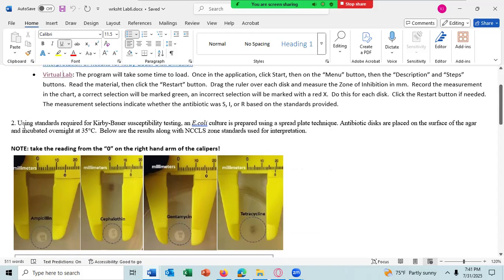Question number 2, using the standards required for the Kirby-Bauer susceptibility test, an E. coli culture is prepared using the spread plate technique. Antibiotic discs are placed on the surface of the agar and incubated overnight at 35 degrees Celsius. Below are the results along with the NCCLS zone standards used for interpretation.